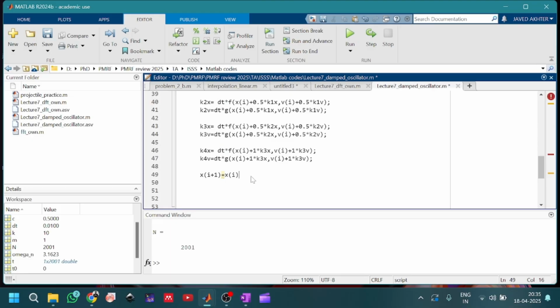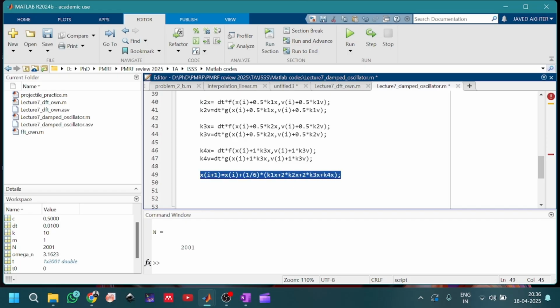So xi plus 1 by 6, and here you will have k1x plus 2k2x, then 2k3x, and then k4x. So this is the update rule for x.